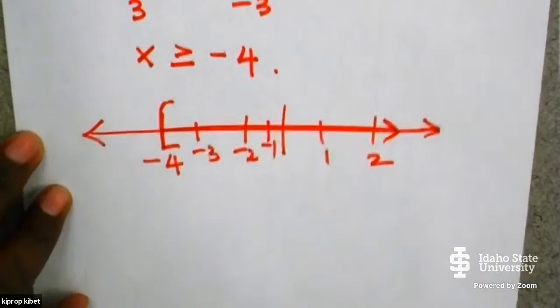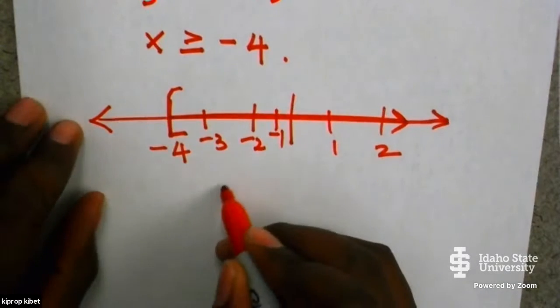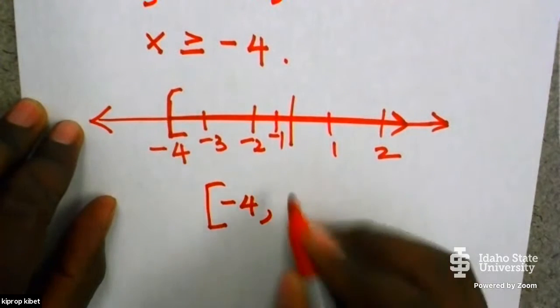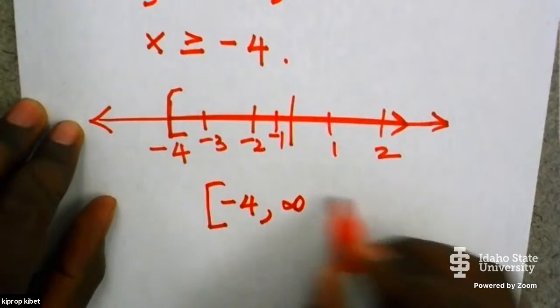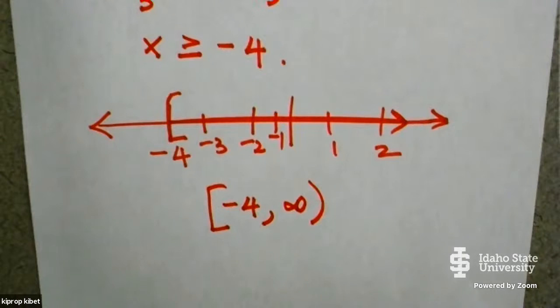So how should we put this one in our interval notation? Bracket, -4, infinity, parentheses. So that's how you put that. So easy, right?